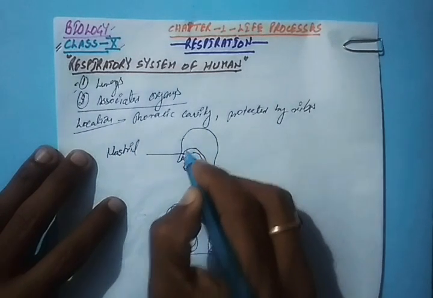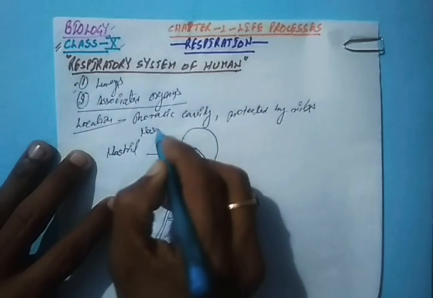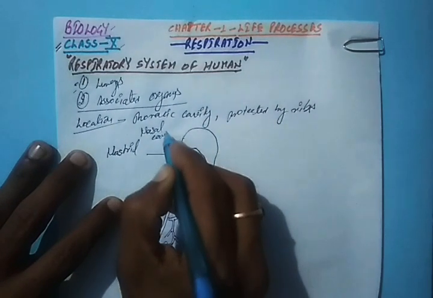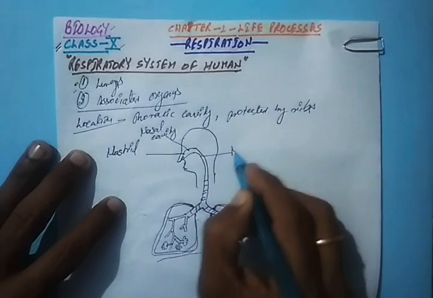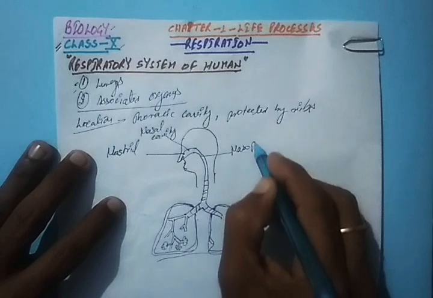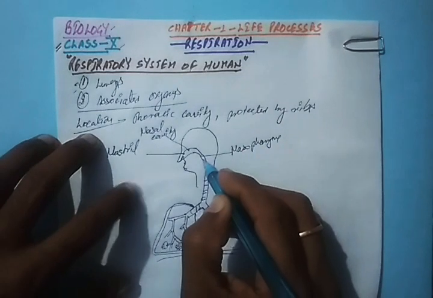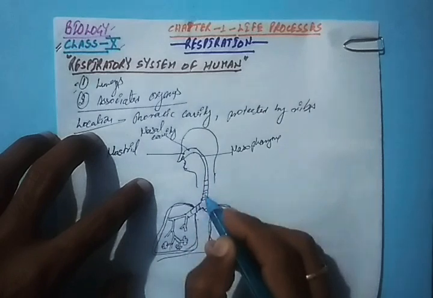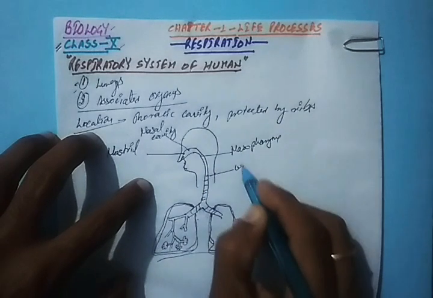The cavity of the nostril is called the nasal cavity. The nasal cavity opens into the nasopharynx. The nasopharynx opens into a pipe-like structure that is called the windpipe.